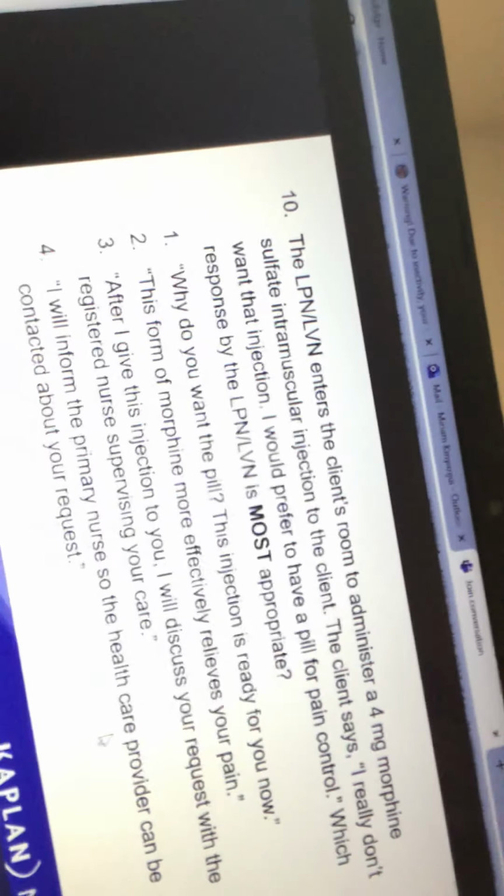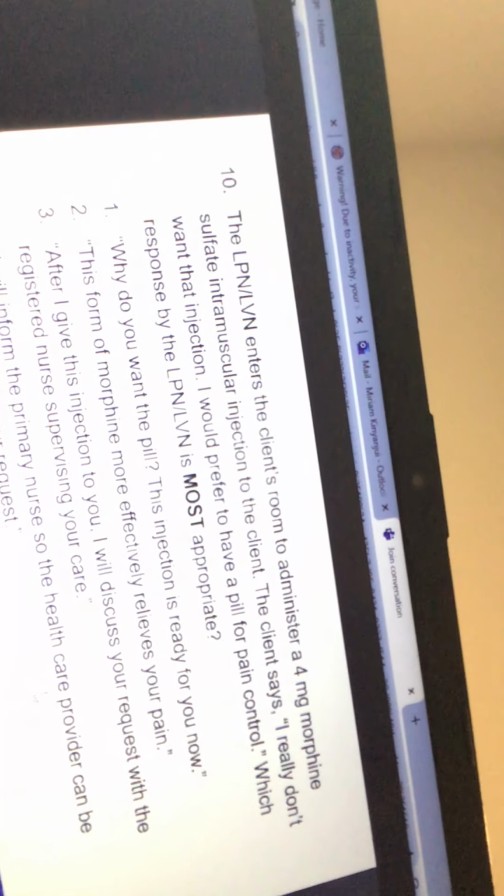All right, so we're left with 2, 3, and 4. Those are all I's. We're moving on to Maslow. Psychosocial versus physical. When you teach somebody something, that's psychosocial.